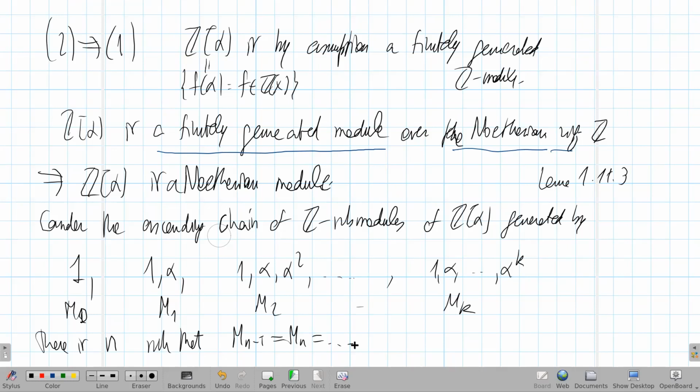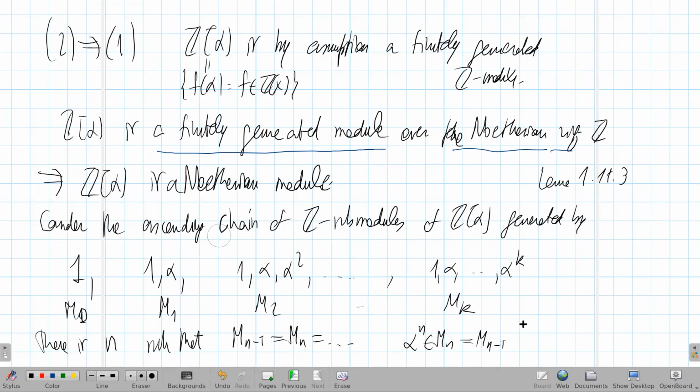But now you know that the notation for this submodule is chosen so that alpha^k is in M_k. So alpha^n is in M_n, but by the fact that this is a Noetherian module, this equals M_{n-1}. M_{n-1} is the set of linear combinations of 1 up to alpha^{n-1}.